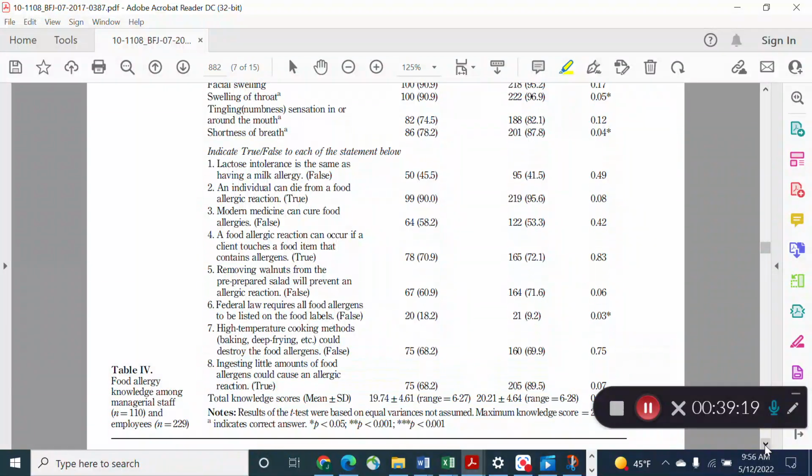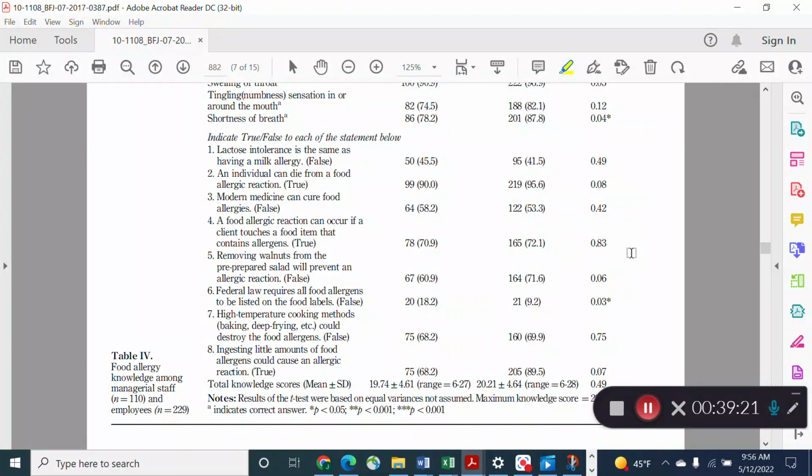But one of the things I did want to point out here, and we talked about this, is these numbers like 0.06, 0.08, 0.07, 0.03. And just as a reminder, we don't really want to use terms like almost significant for 0.06, 0.07, 0.08.